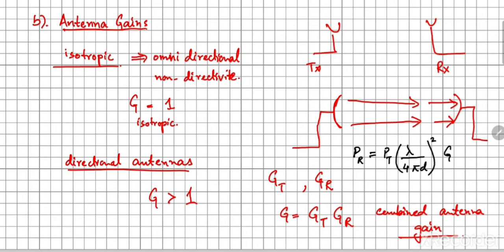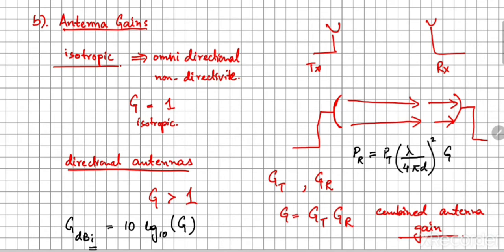In reality, antenna gains of 2 to 3 dBi are typically provided by quarter wave monopole antennas, and there are some more directional antennas like horn antennas or parabolic antennas, which provide antenna gains as high as 20 dBi or so. So dBi is basically 10 log 10 of G. This reflects the antenna gain offered by the antenna in reference to an isotropic antenna.